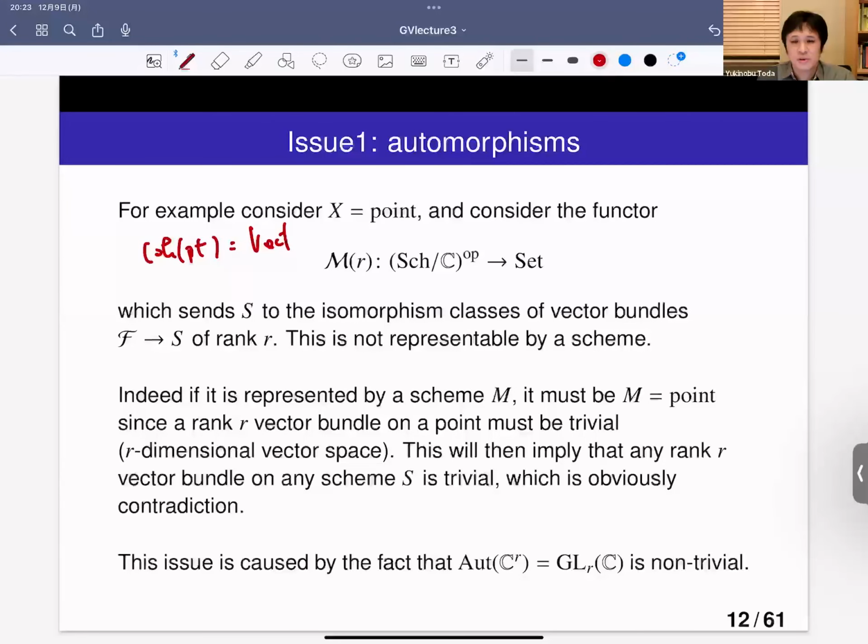The functor considered in the previous slide is given this way: it sends each scheme S to the flat families of coherent sheaves over the product with a point. But flatness over S is nothing but the sheaf being locally free, that is, a vector bundle.